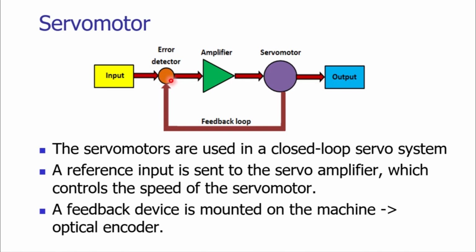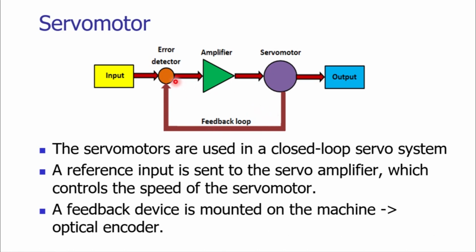The electronic circuitry gets the input from the energy source, which is amplified and given to the servo motor. The input would be changed according to the error in the comparison between the desired value and the obtained value of the servo motor.